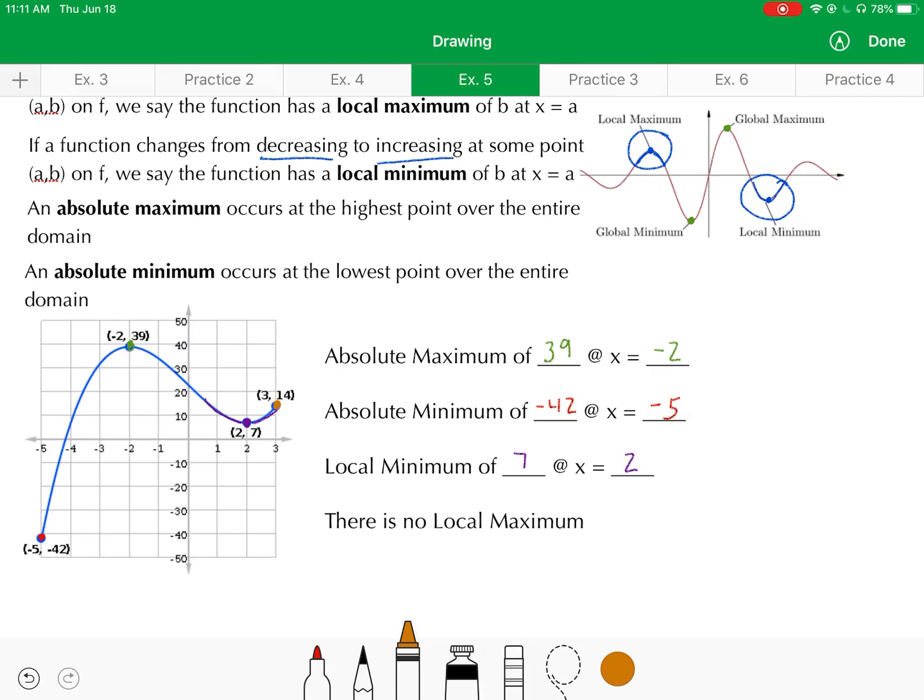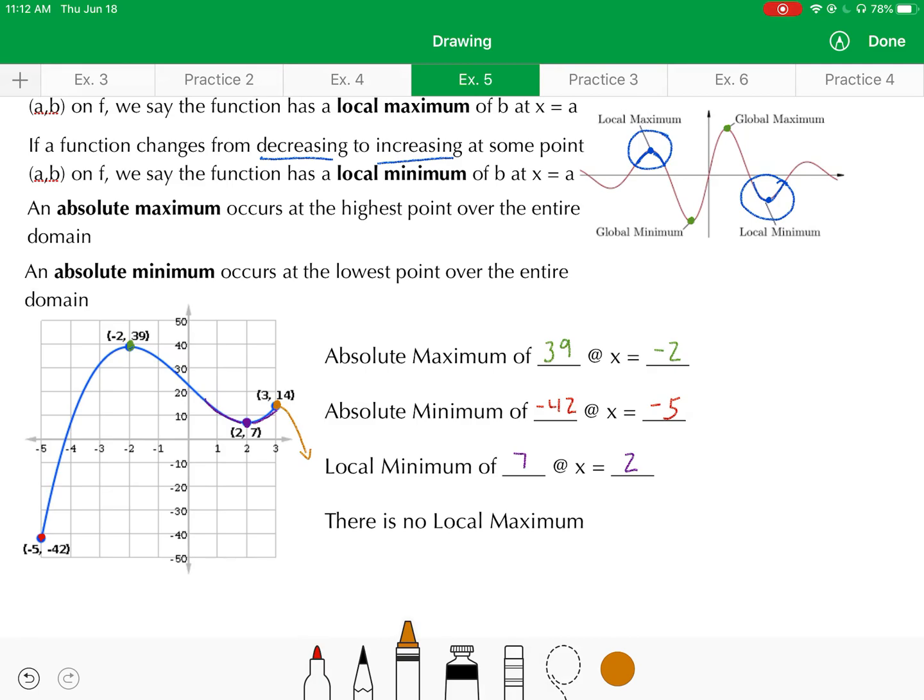On the left side of the local maximum, the curve needs to be increasing, and then on the right side, the curve would need to be decreasing. Well, if that's an endpoint right there at (3, 14), there is no right side beyond that point for us to consider to be decreasing. So therefore, we can't call it a local maximum. Now, if the curve did something like this after (3, 14), if it went back down, then we could call that a local maximum of 14 at x equals 3.